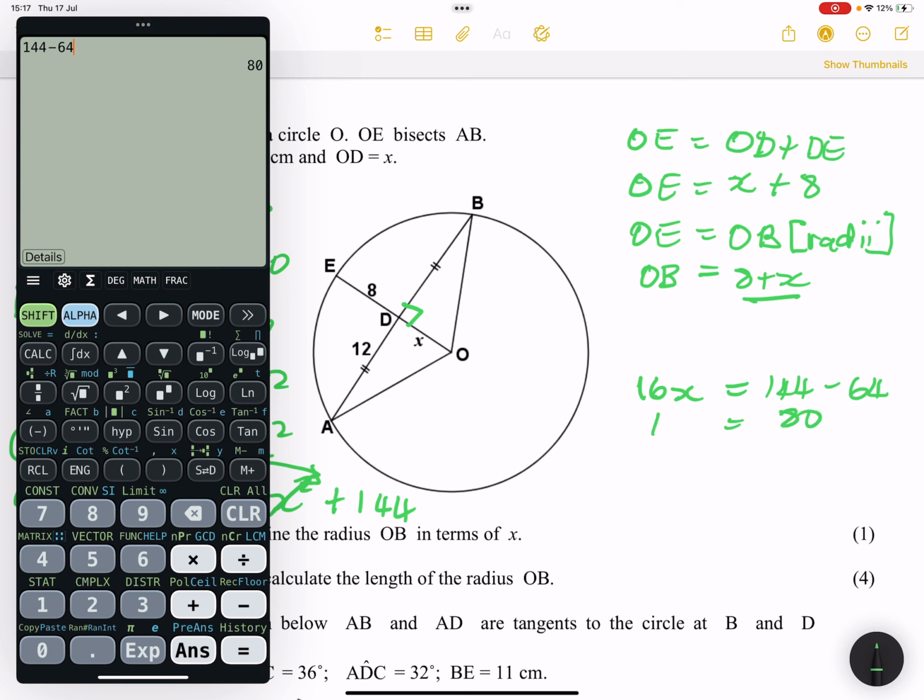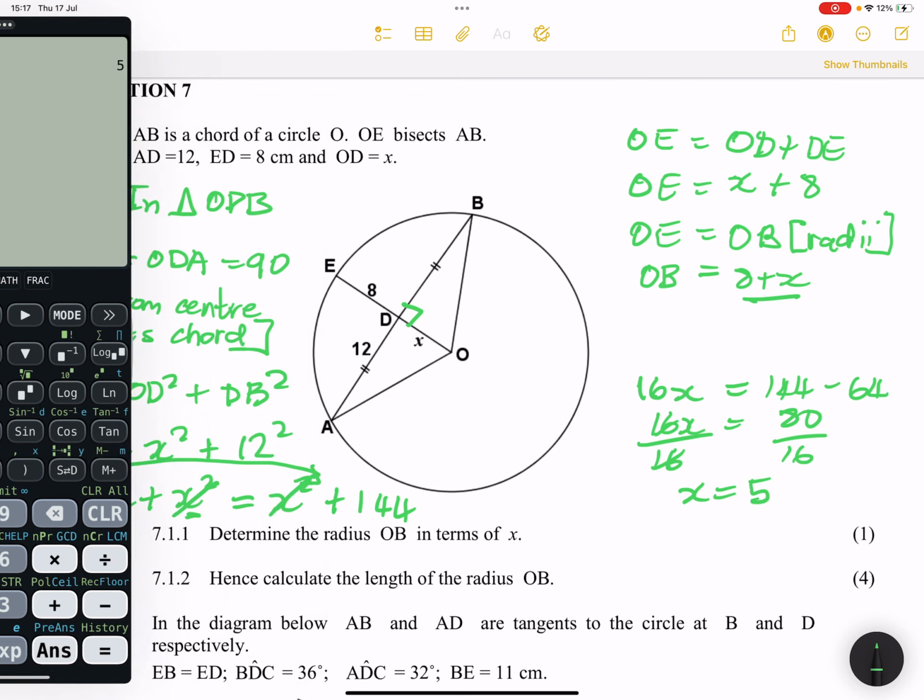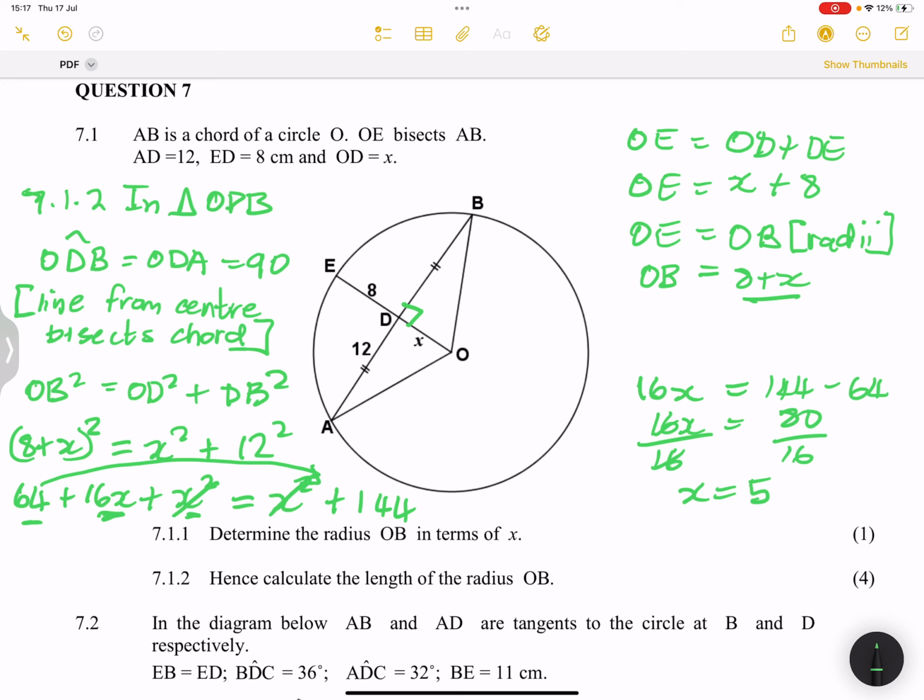So 16x is equal to 80, and if we divide by 16, 80 divided by 16 is equal to 5 units. Now we were looking for the length OB. So OB will be equal to 8 plus x, so that's 8 plus 5. This will be equal to 13 units.